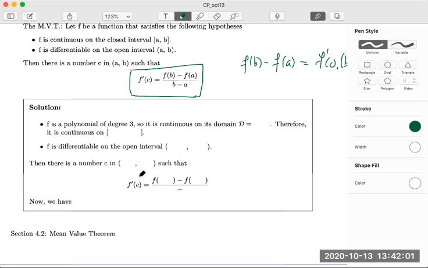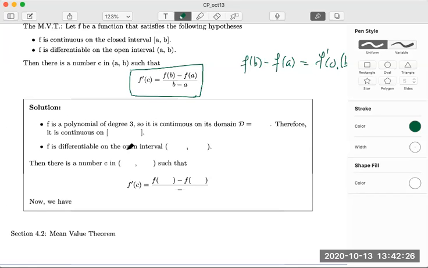So now, in order to apply the mean value theorem, we need to check two conditions, right? First, whether it is continuous, and second, whether it is differentiable on this interval. I explained some things here, you can simply fill in the blank. f is a polynomial of degree 3.